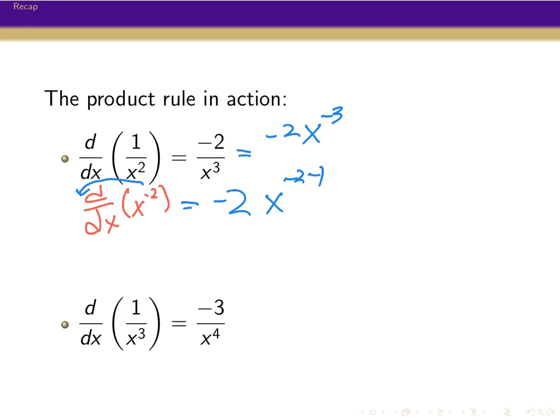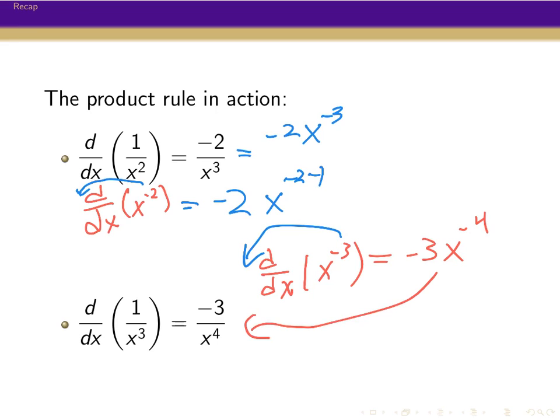So same sort of thing that we saw before with the positive powers of x. Same idea over here. We can think about 1 over x cubed as being x to the minus 3. And so we're going to pull the minus 3 out, decrease our power by 1. And so we end up with minus 3 times x to the minus 4. And that's the same thing that we got.